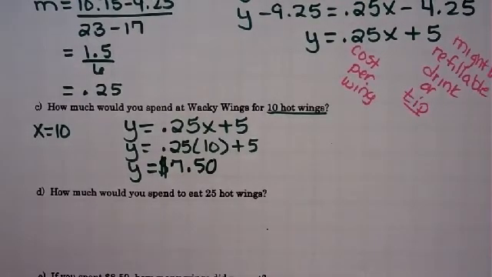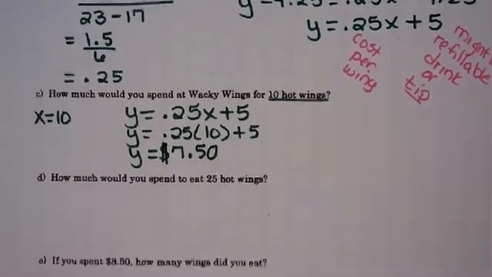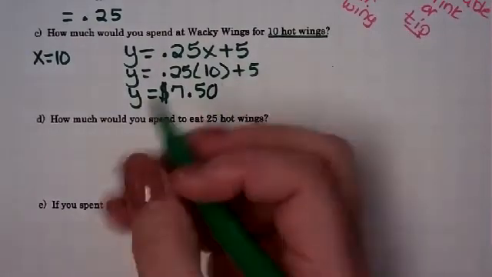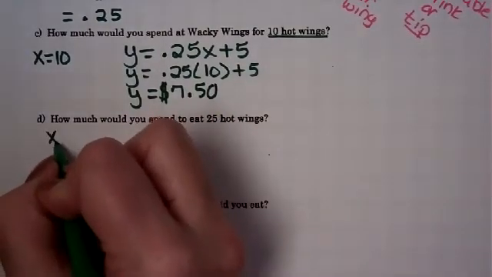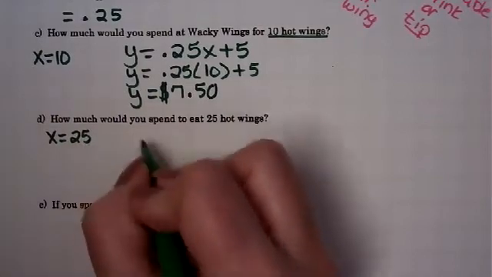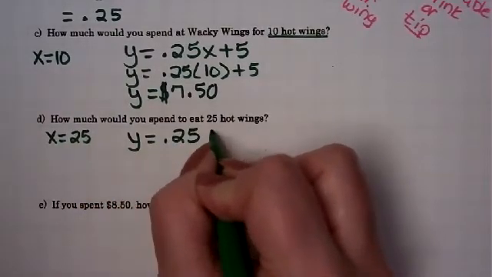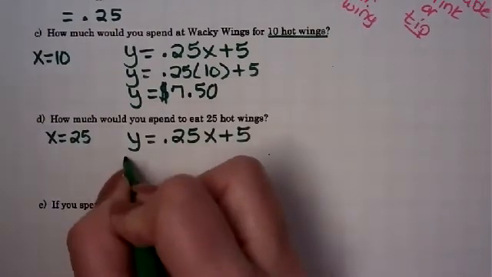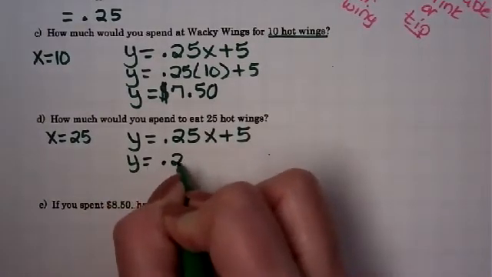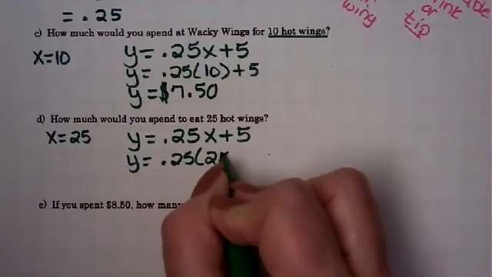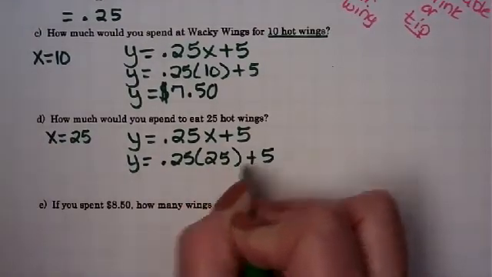It says, how much would you spend for 25 hot wings? Okay? And some of you guys are going, oh yeah, I can eat that many hot wings. So x is going to be 25 right here. I'm going back to my formula. I've got y equals 0.25 times 25 plus 5.